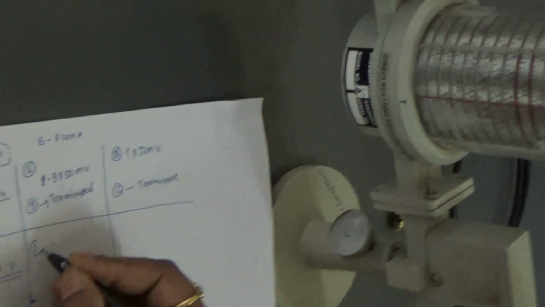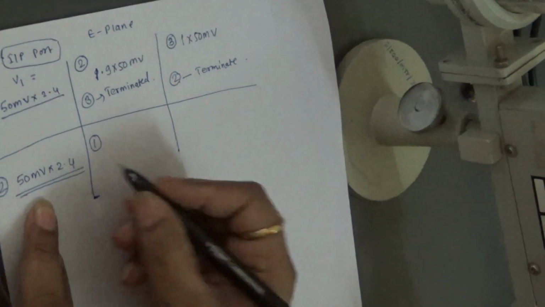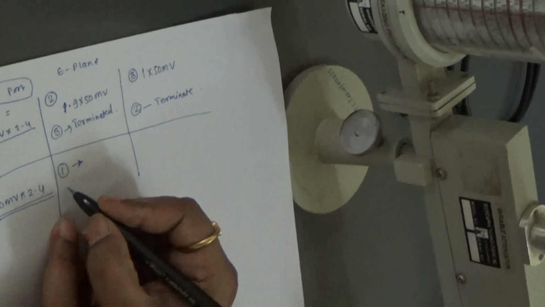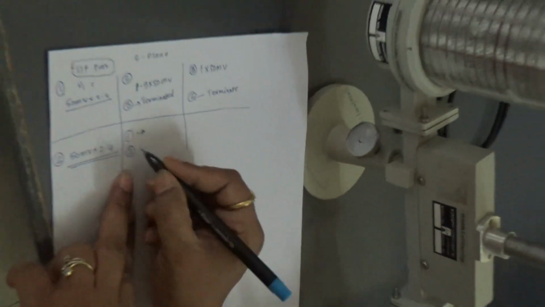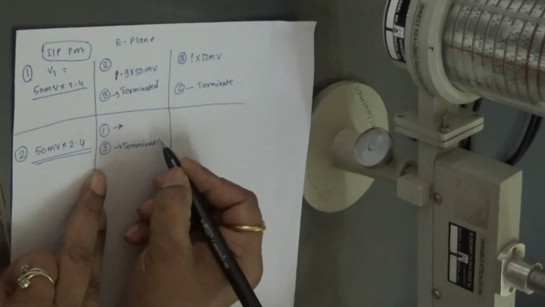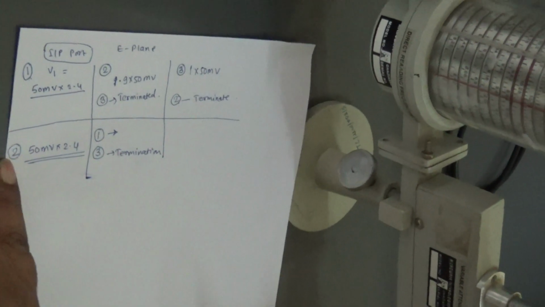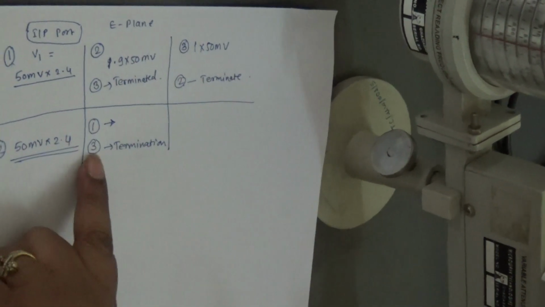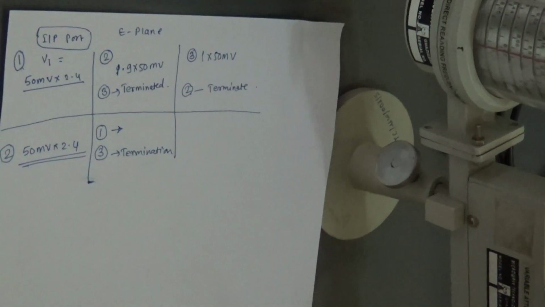So we are connecting that input to the port number 2, and we are measuring the output on port number 1, or we can measure the output at port number 2. Port number 3 will terminate with match termination. Okay, the second case, input is given to the port number 2. We are measuring the output at port number 1, while port number 3 is terminated. In any case, we have to terminate one port.